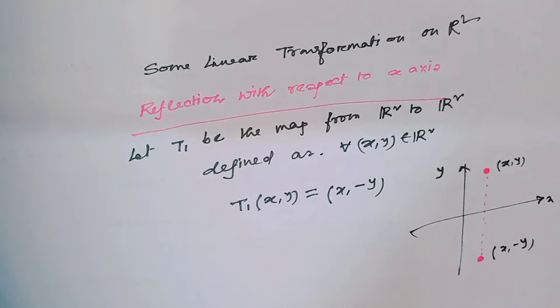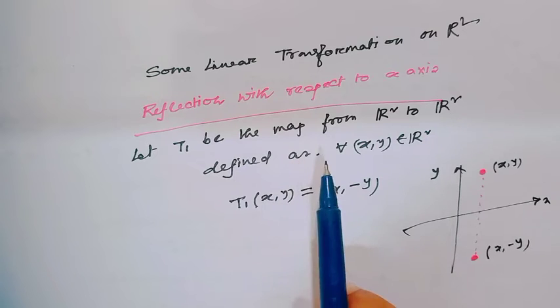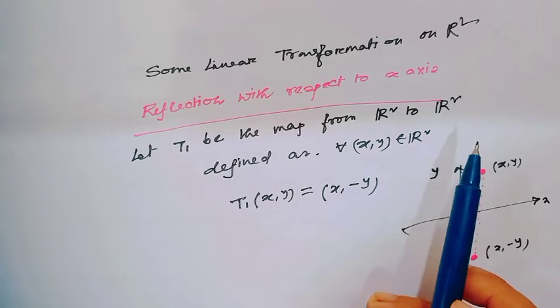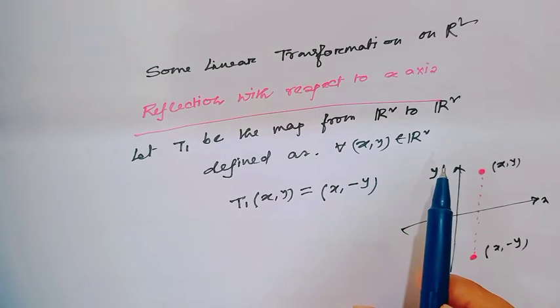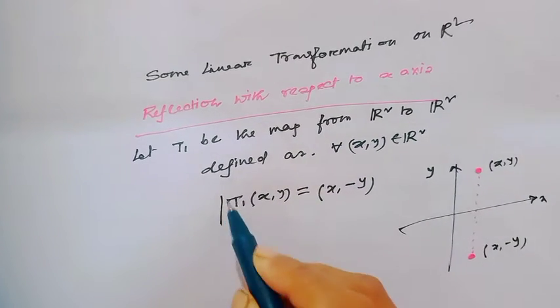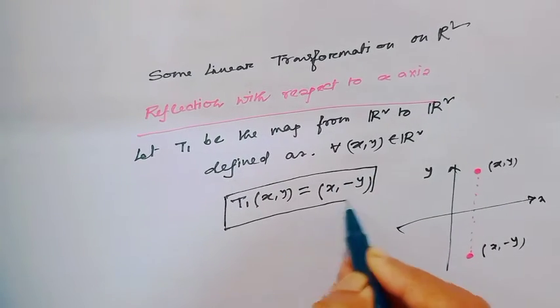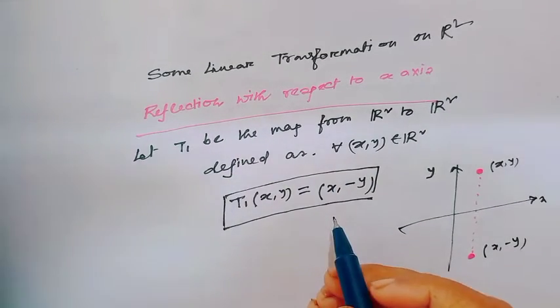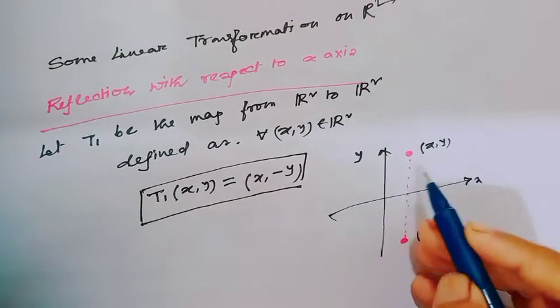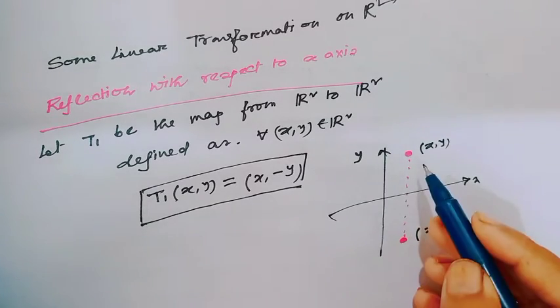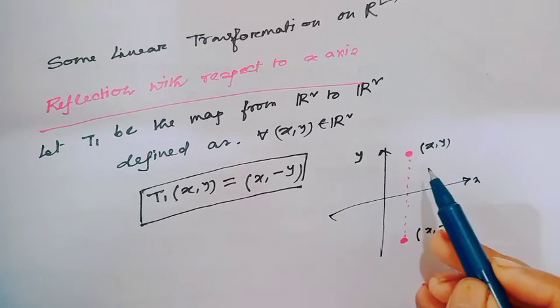Now I will show some linear transformations. First, reflection with respect to the x-axis. For this, consider T1 as the map from R2 to R2, defined for all (x, y) belonging to R2 such that T1(x, y) equals (x, minus y). This is very easy to check, and geometrically this linear transformation is reflection with respect to the x-axis.